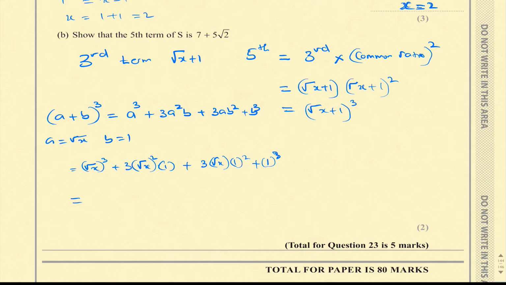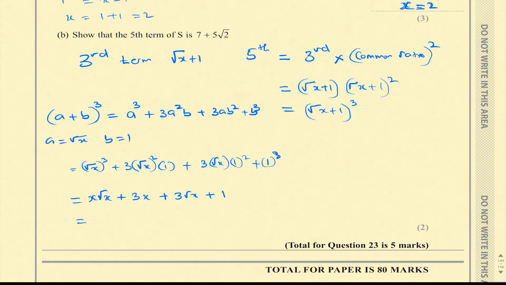So (root x) cubed will be x root x, plus 3x, plus 3 root x, plus 1.